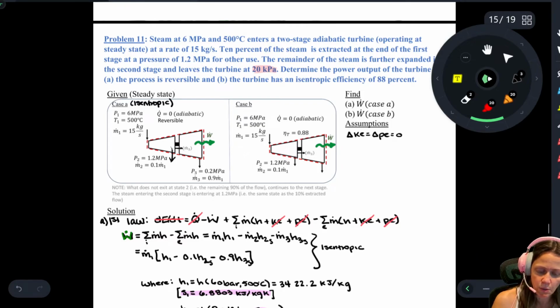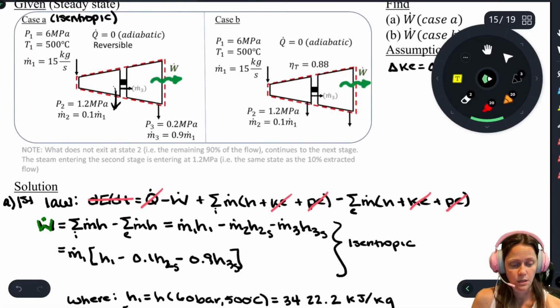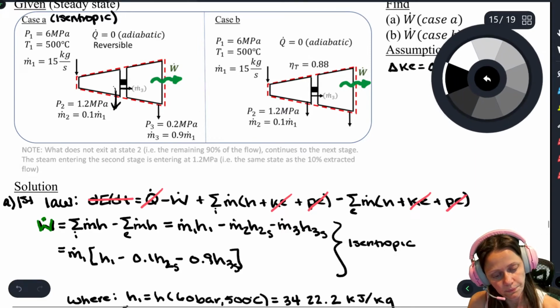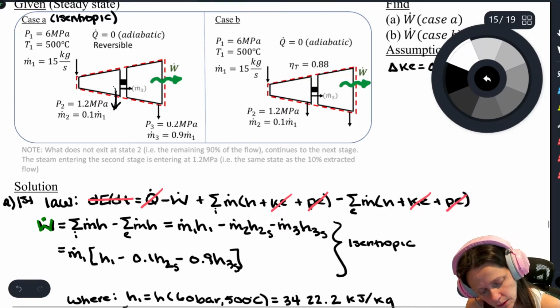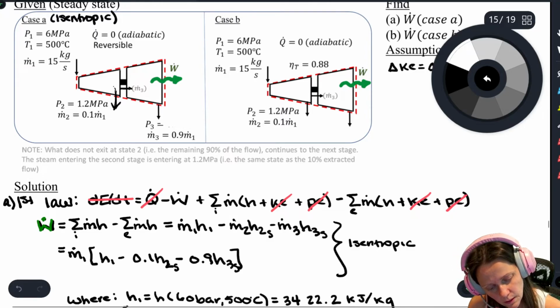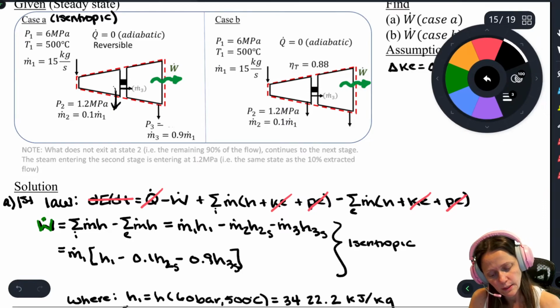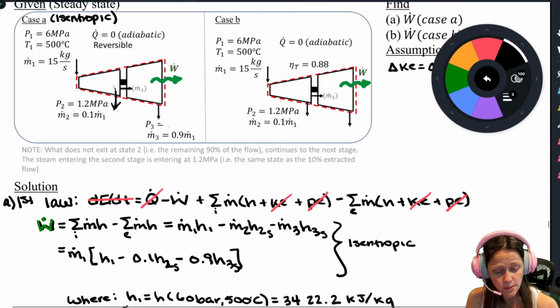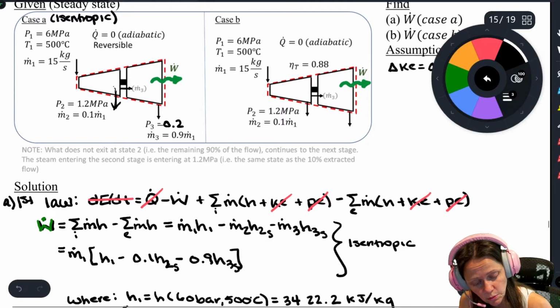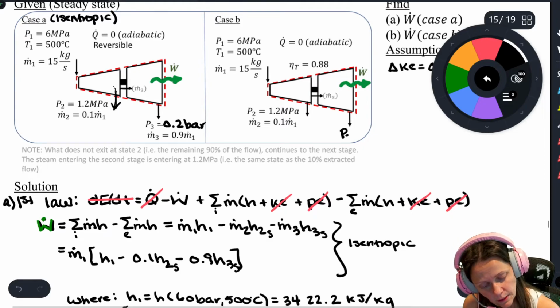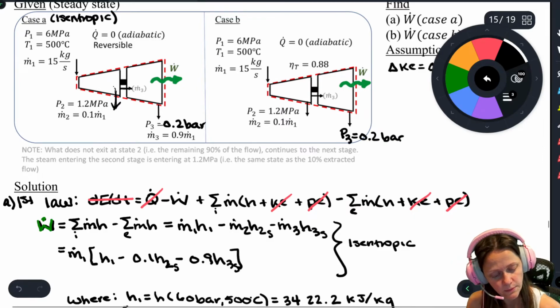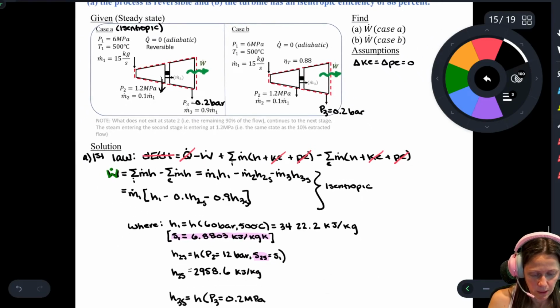So that would really be 0.02 megapascals. So 20 kilopascals, wouldn't that be 0.2 bar? So over here is also 0.2 bar. Sorry about that. That was a typo on my part.